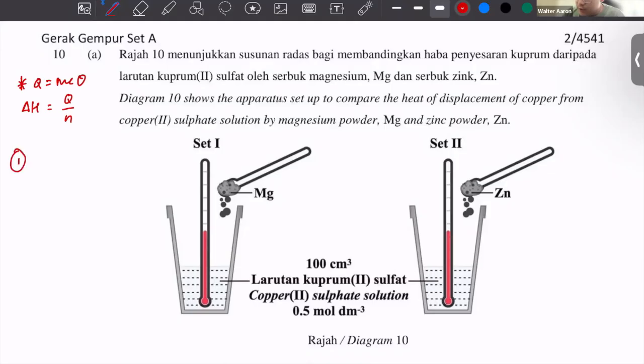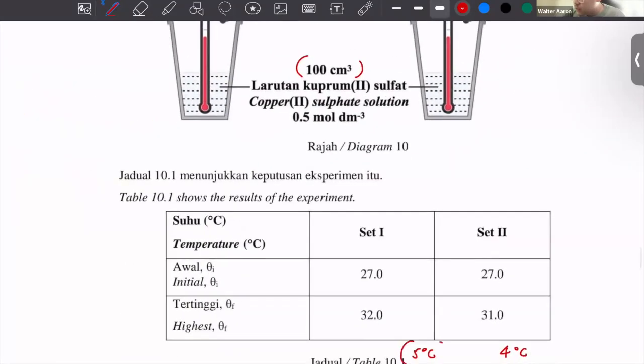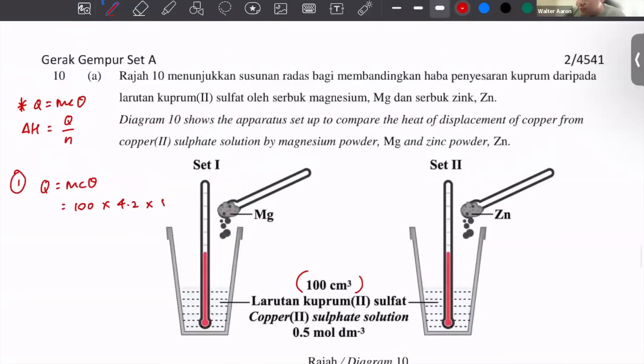So for the first set, Q is equivalent to MC theta. The mass of the solution is 100 grams because it's 1 gram per cm cube. So 100 multiplied by 4.2 multiplied by the temperature change we just calculated, which is 5.